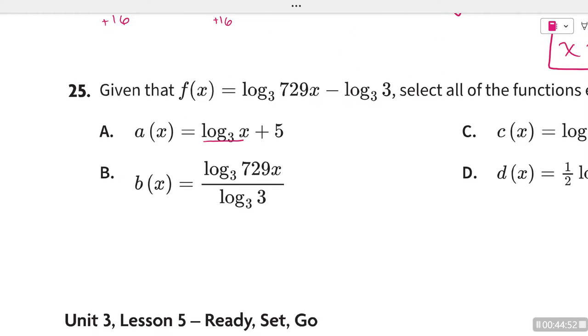So A, I see I have this log base 3 of x, so it's similar to that. So let's use our property to separate this. So let's do log base 3 of 729 plus log base 3 of x minus log base 3 of 3, right? So this is our product property.